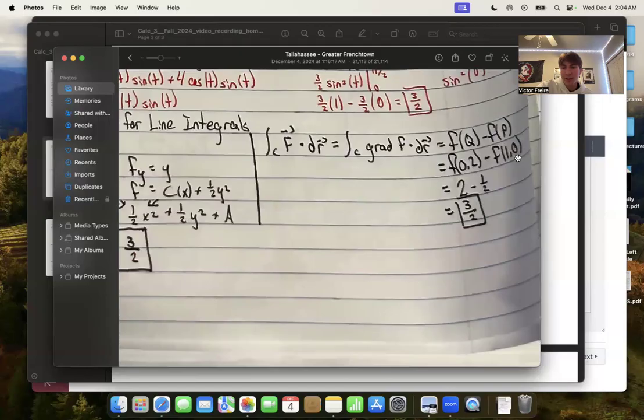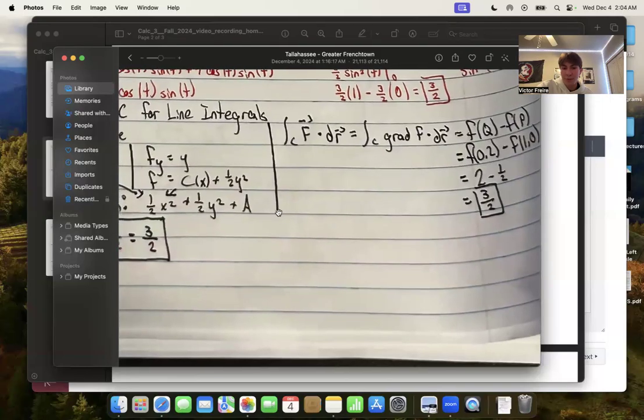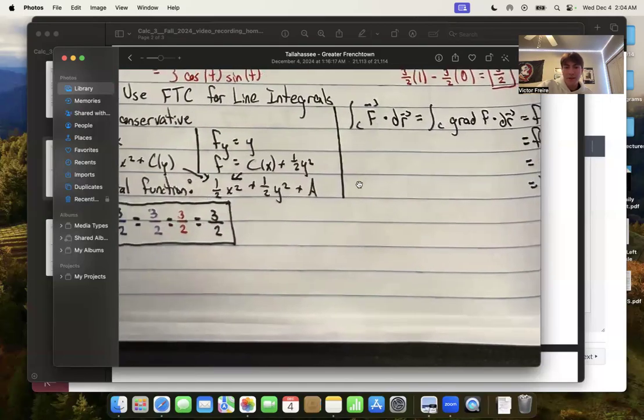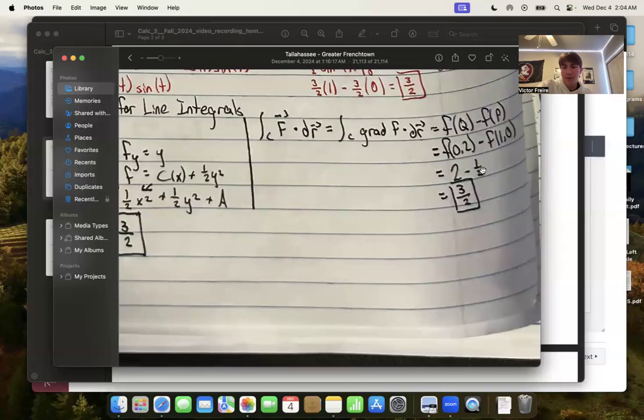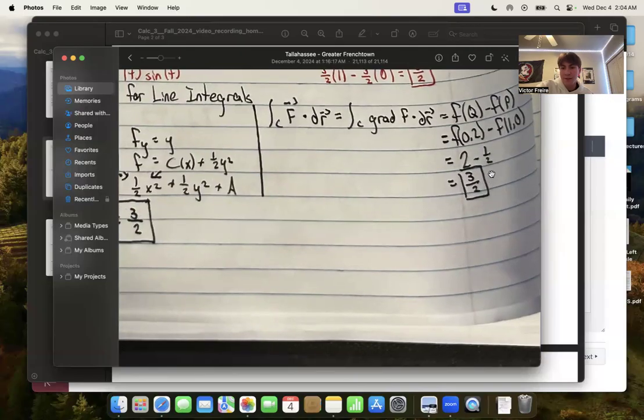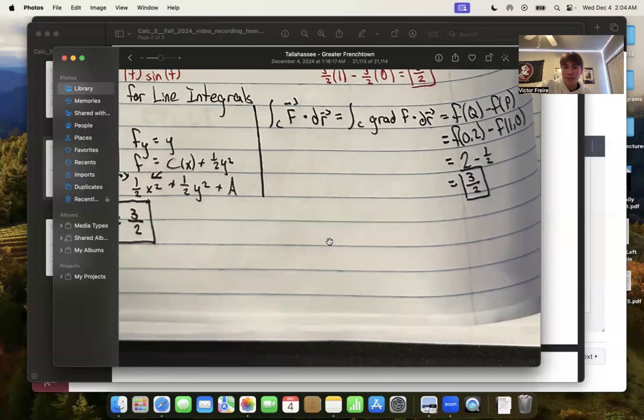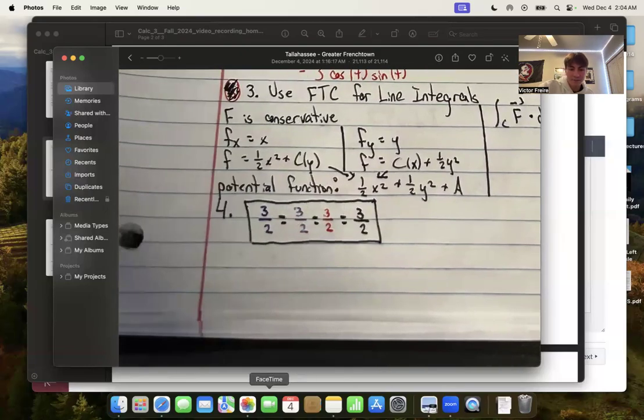And if we plug in 1, comma 0, we get 1/2. So 2 minus 1/2 is once again 3/2.